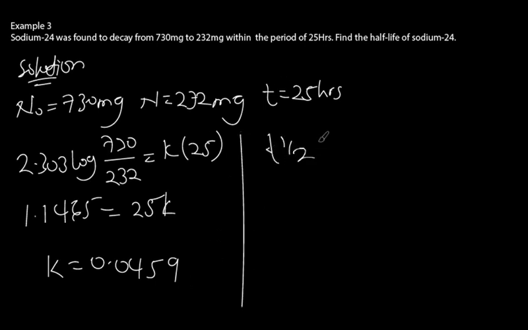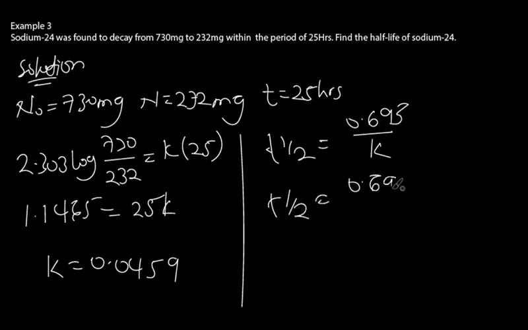So from here we can go on ahead and find the half-life. T half is equal to 0.693 divided by the decay constant, which is 0.0459.